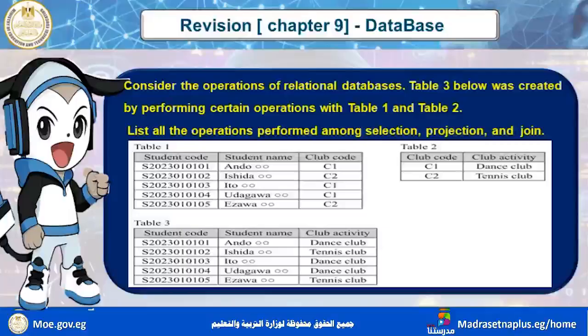Of course, table 1 contains student code, student name, and club code. In table 2, we have club code and club activity. So how was table 3 created, with student code, student name, and club activity? So, we join here using club code.